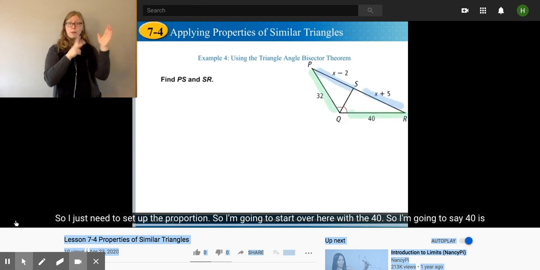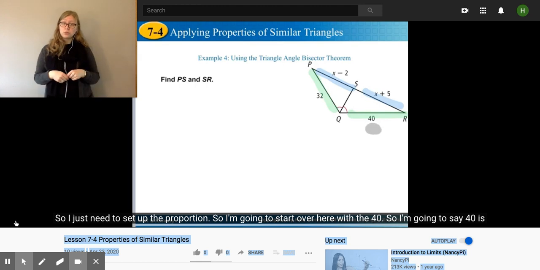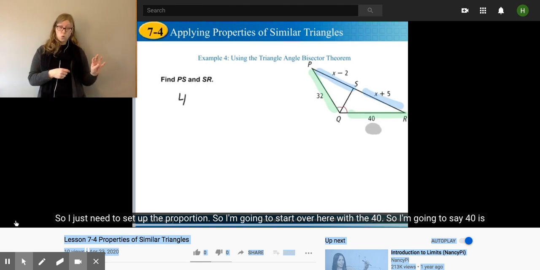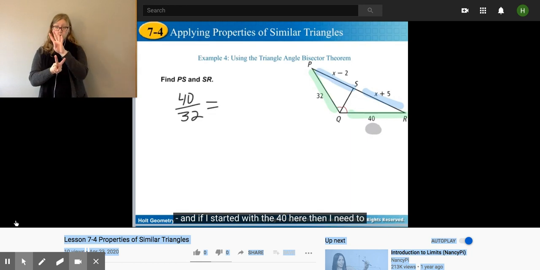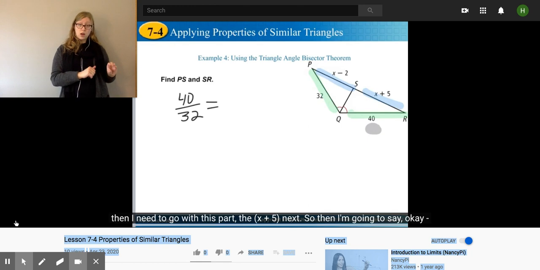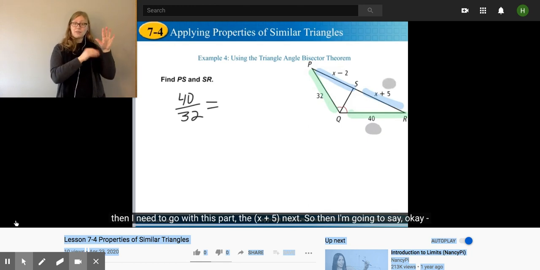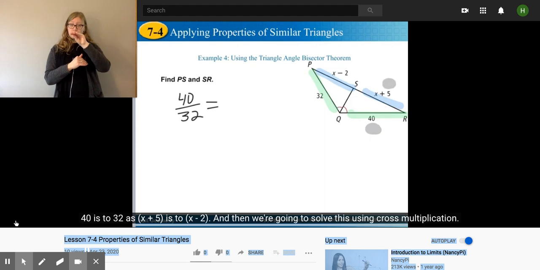I'm going to start over here with the 40. So 40 is to 32 as, if I started with the 40 here, I need to go with this part, the x plus 5, next. So 40 is to 32 as x plus 5 is to x minus 2.